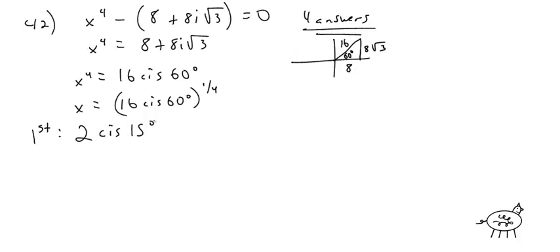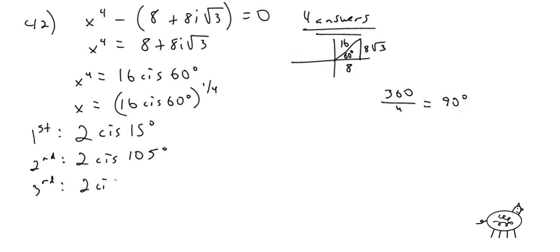Okay, but I won't. Second answer is going to be 2 cis, and remember you're adding to that 15-degree angle. You're adding 360 over 4, which is 90 degrees. That's our spacing. So it's going to be, hey, my favorite number, 105. And third answer is going to be 2 cis 195.